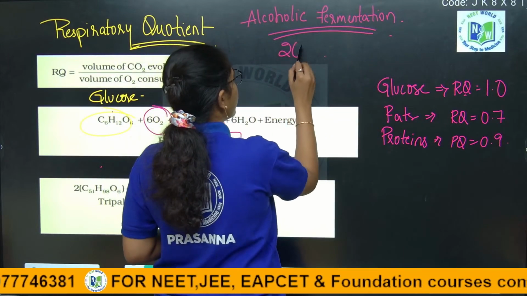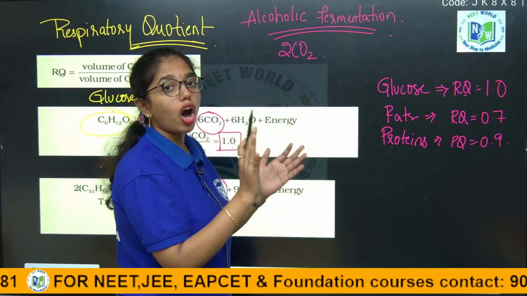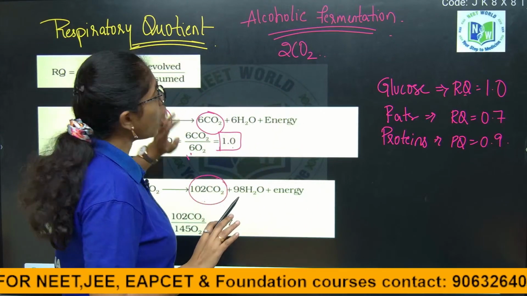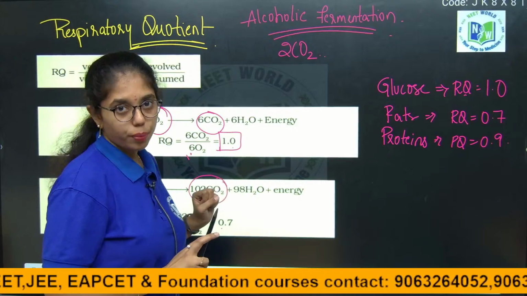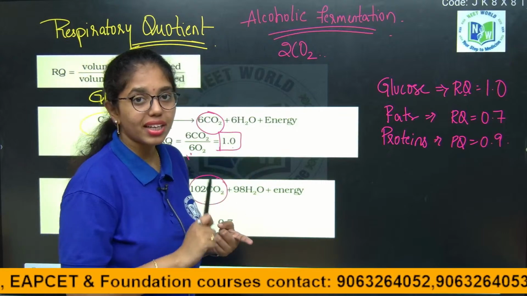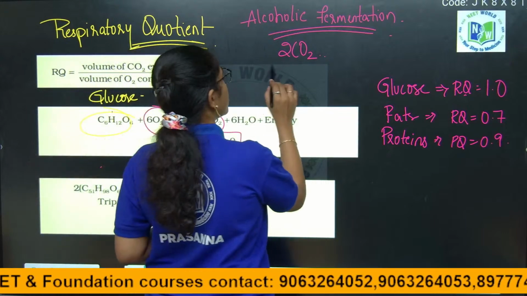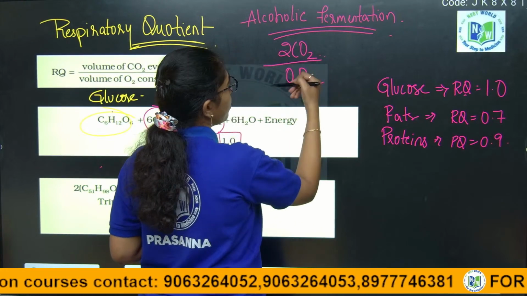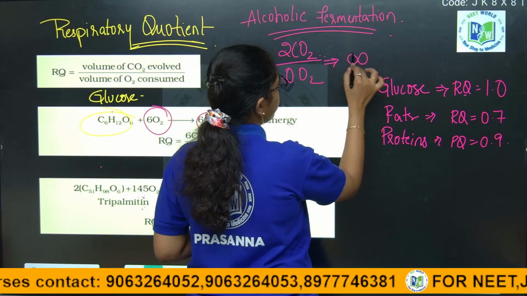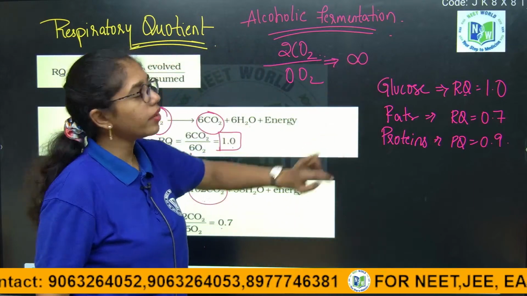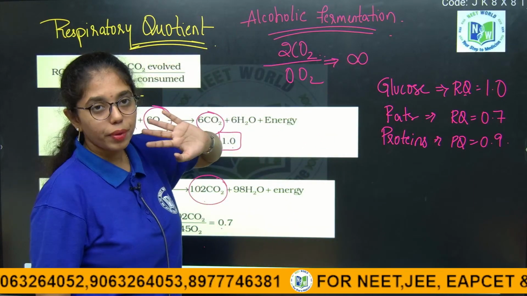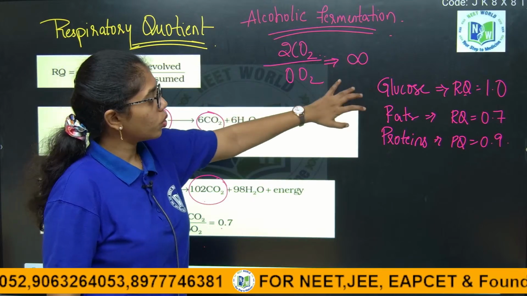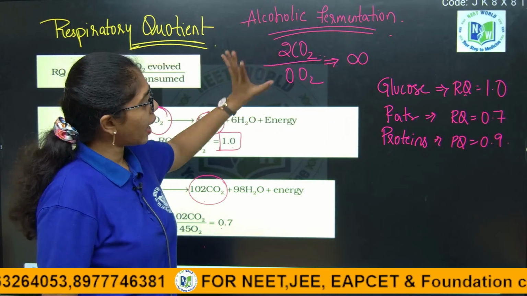So, 2 carbon dioxide, and there is no oxygen consumed during anaerobic respiration, because anaerobic respiration takes place in the absence of oxygen. 2 carbon dioxide with 0 oxygen, something by 0 is always infinity. So, the RQ value is infinity for anaerobic or alcoholic fermentation. So, glucose, fats, proteins and alcoholic fermentation.